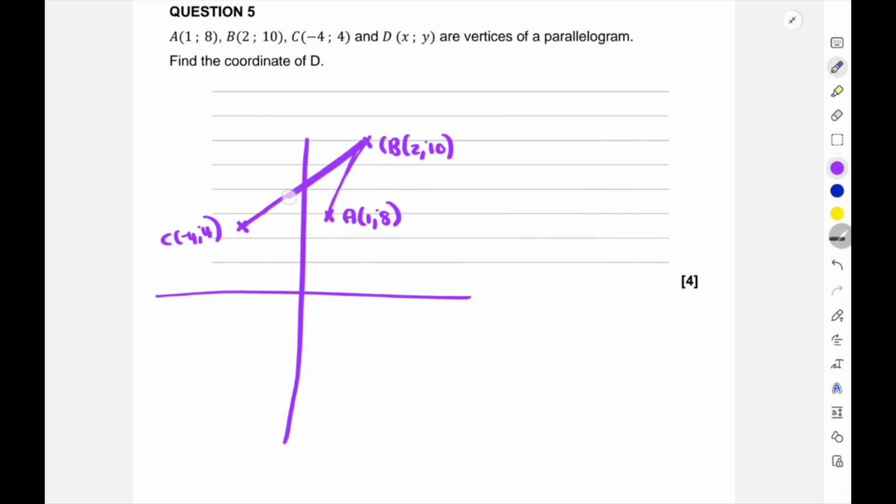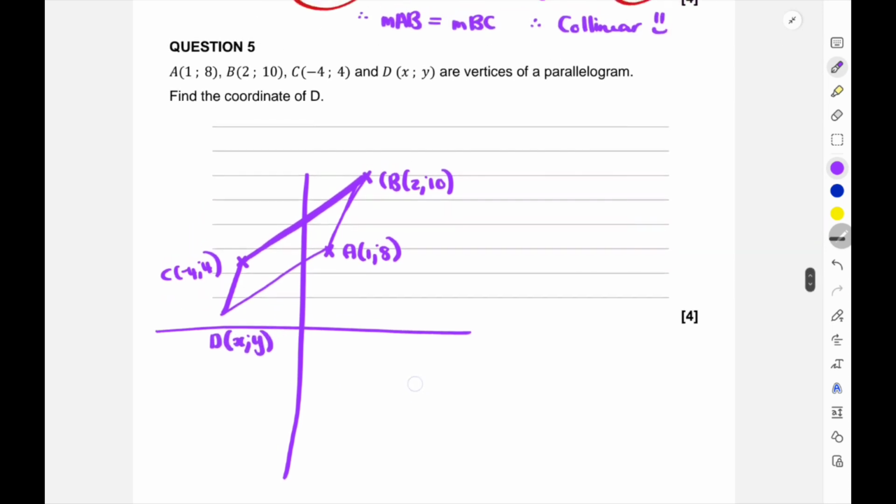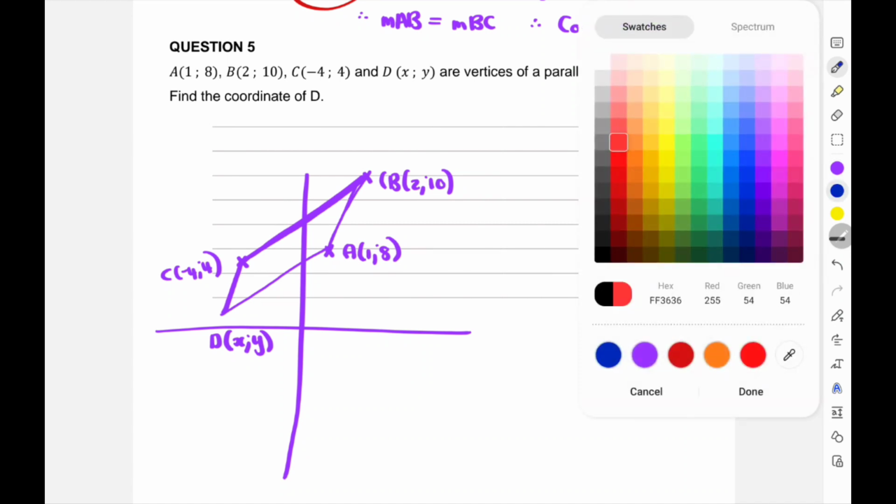Do you see that D, let me just draw it with a right angle, should lie somewhere over here, which is x and y. Now they are asking me to calculate that missing point.